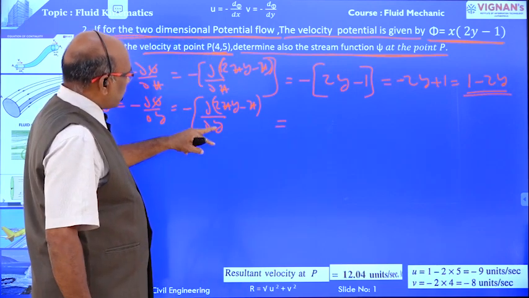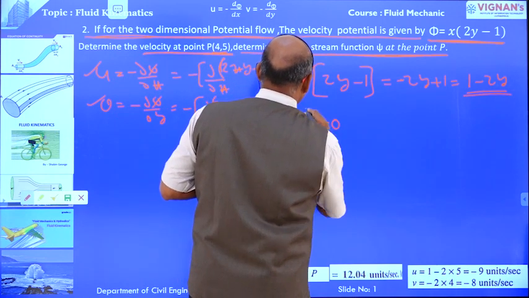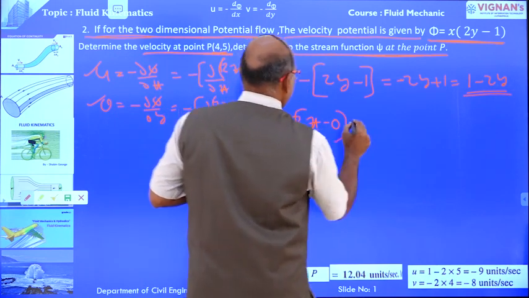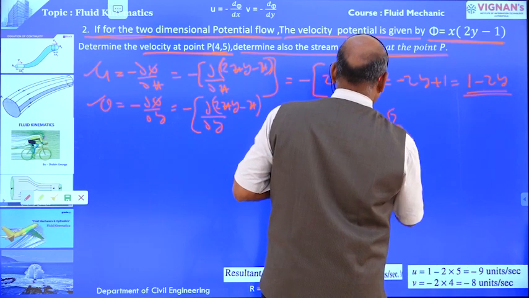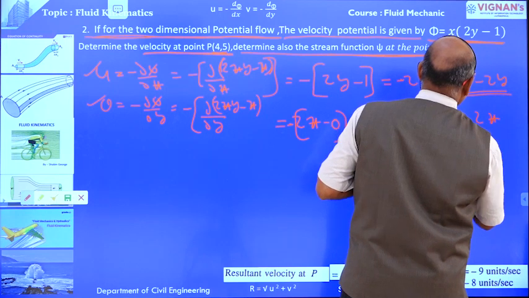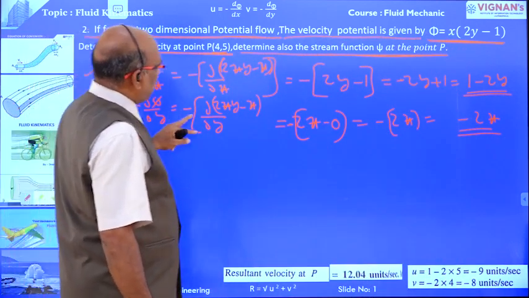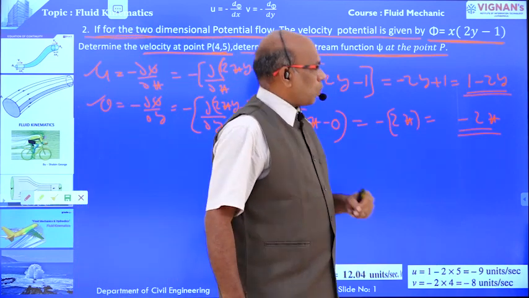Therefore, differentiate with respect to y. We have 2x minus 0 minus 0. This is minus, so this is equal to minus 2x. The velocity component in y direction, v, is equal to minus 2x.